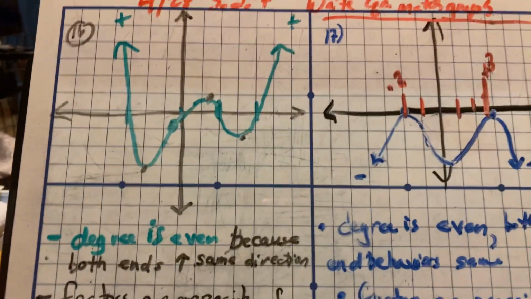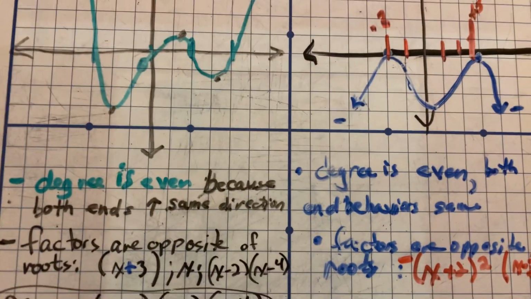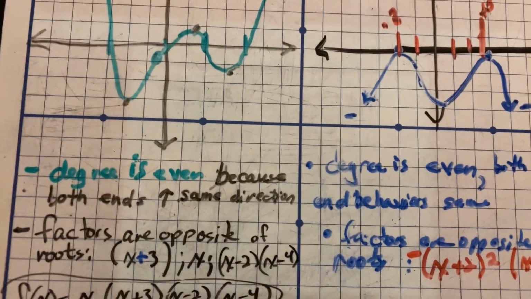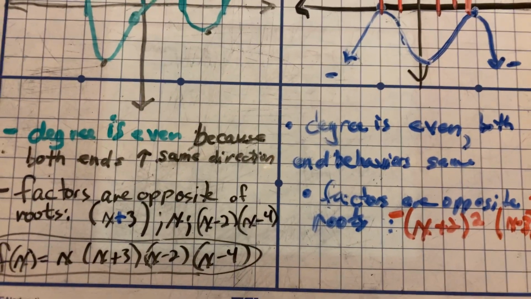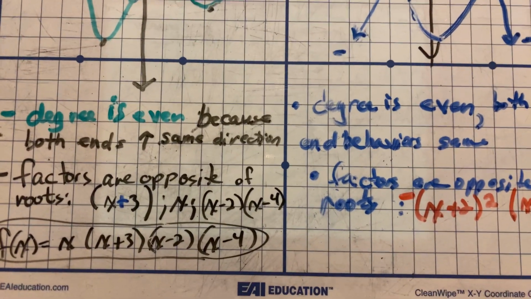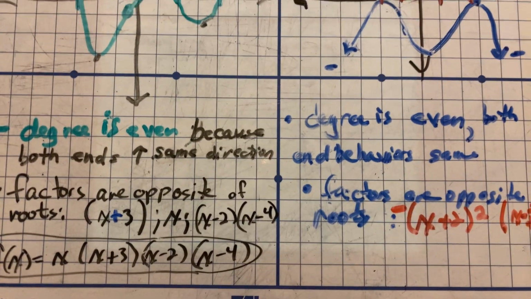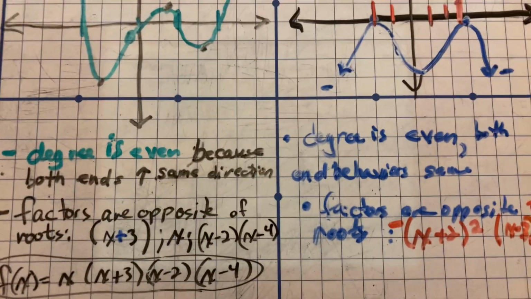This is number 18. And so what do I have here? We have both end behaviors pointing in the same direction, which indicates an even degree. So the degree is even. Both end behaviors are pointing down, so that's going to be a negative function.